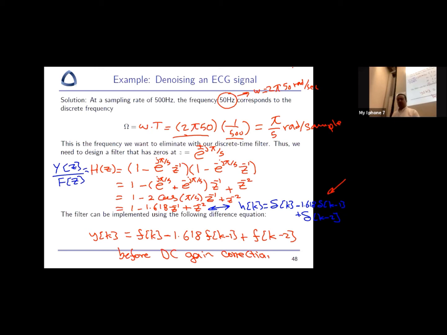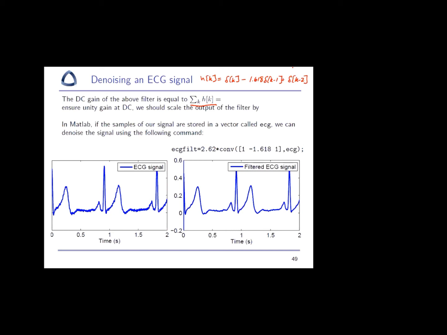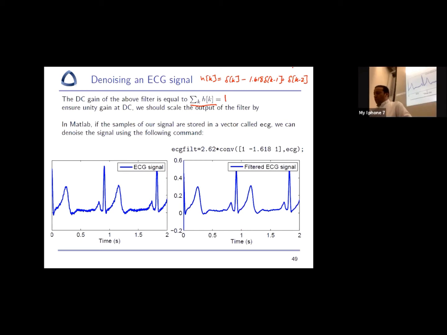To find that, we need to find the DC gain, which is the value at which only the wanted frequency is passed, where the frequency equals 0.